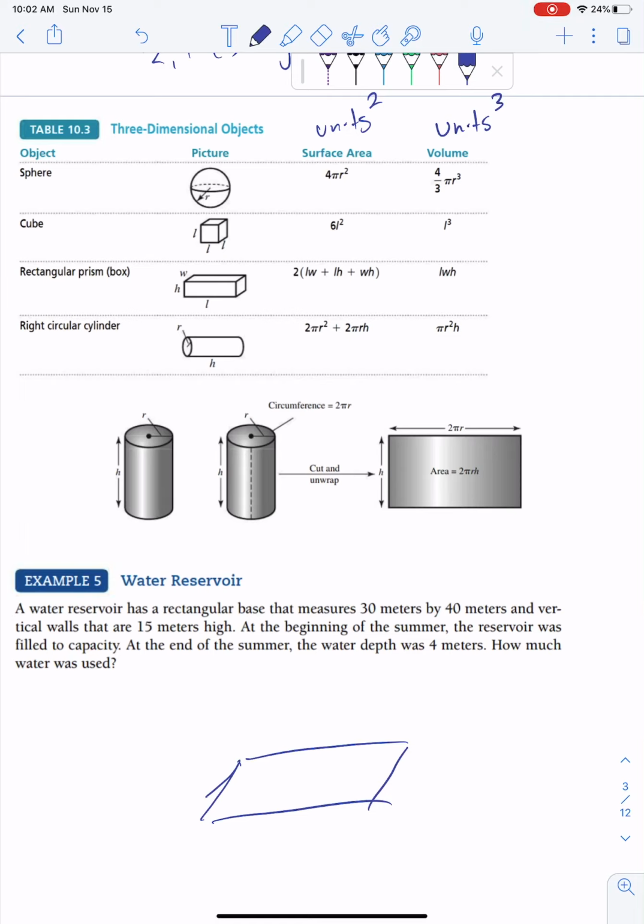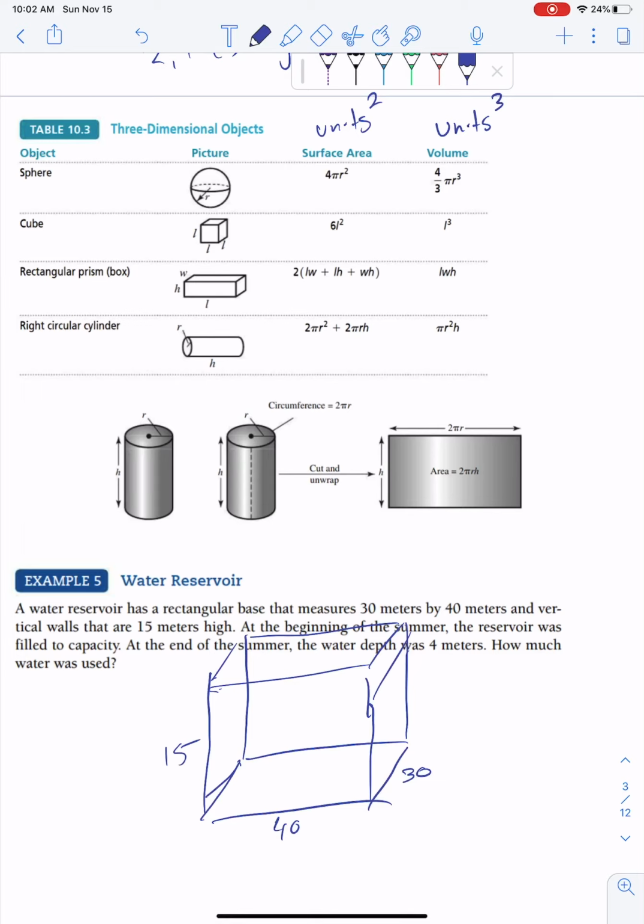Oh, sorry. My base is 30 by 40. And it has vertical walls that are 15 meters high. So the walls of my shape here are 15. Whoa, that was a bad rectangle. So these are 15 high.